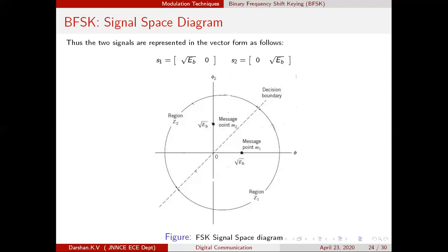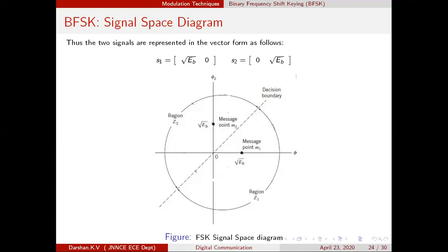And then if any point happens to lie in the region Z1, what is the nature of the coordinates? Whenever we consider any signal point in the region Z1, what does region Z1 belong to? Region Z1 corresponds to message 1, that you should remember.